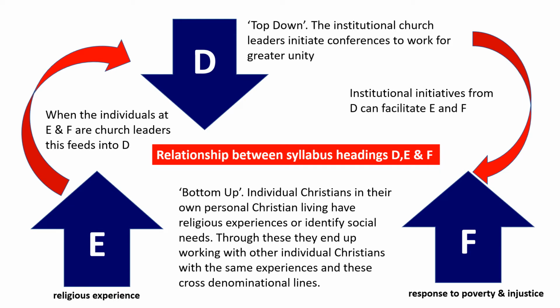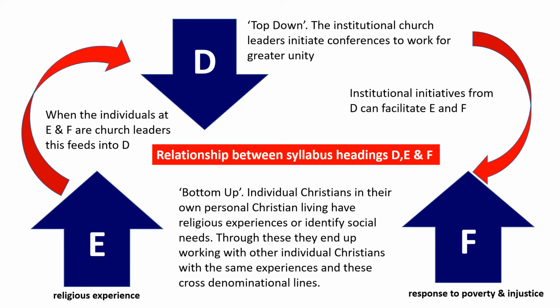But of course the institutional church is not some abstract body, it's made up of individual Christians. At the time we're looking at, they're essentially men. So these individual men, who themselves belong to local churches and are being influenced by those bottom-up elements in this diagram.